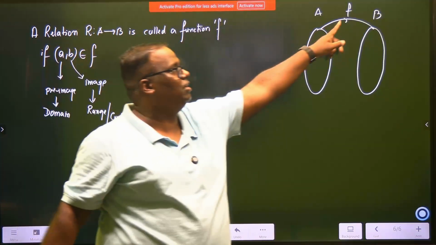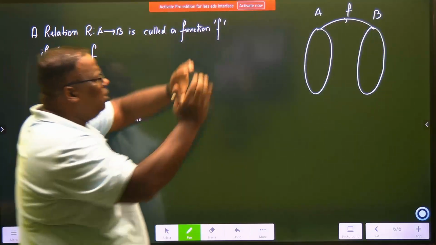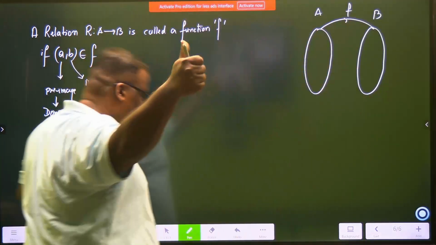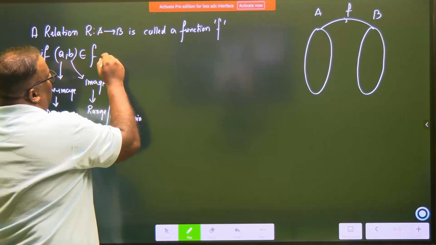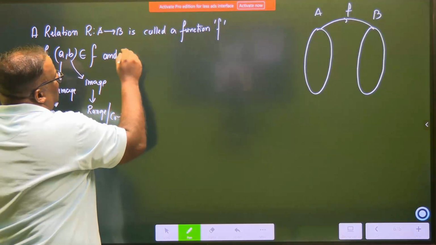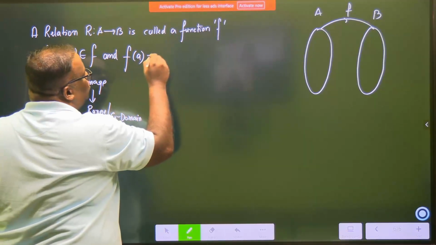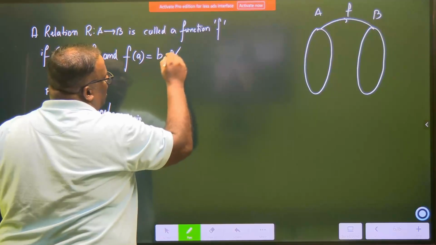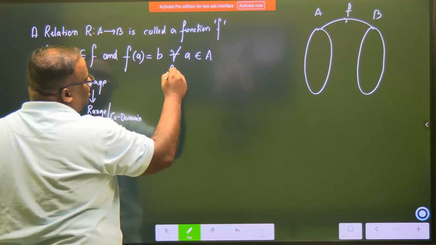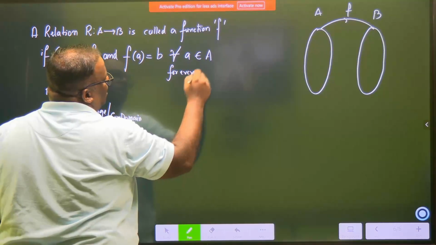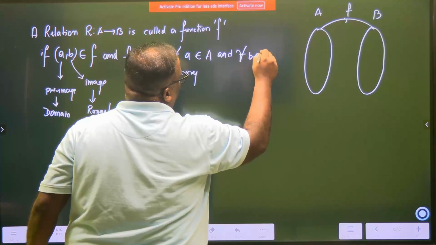Root is the function. Does (9, 3) belong to this relation mapping? Yes. So it should belong to the function, which is the relation. And f(a), the function value of 9, should be 3, for every a belonging to A and for every b belonging to B.